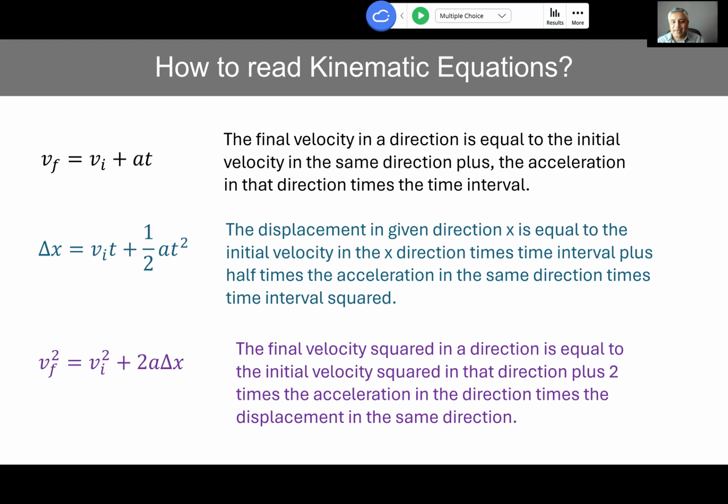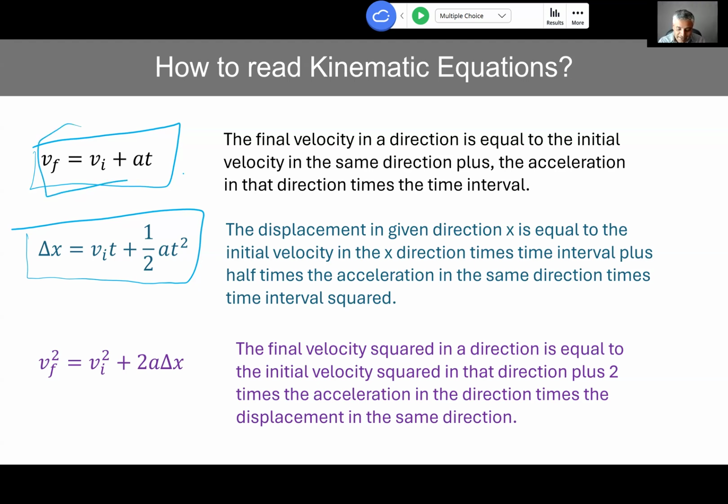So this is the kinematics. So far, we learned about the variables involved in kinematic equations. Now we have the equations. We saw the first equation just comes from the definition of acceleration, and the second equation comes from the area under the velocity versus time graph.